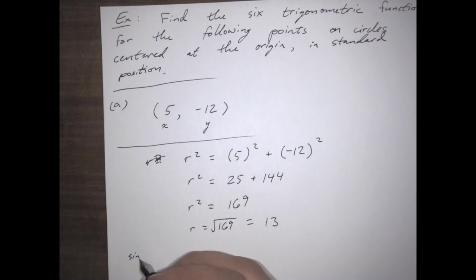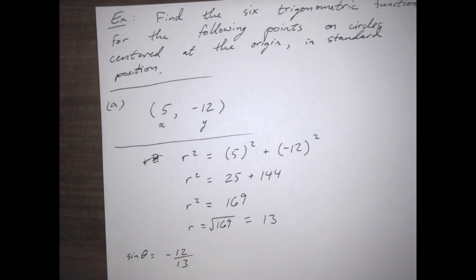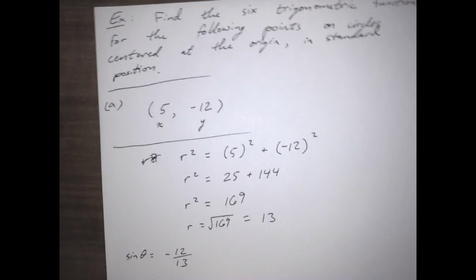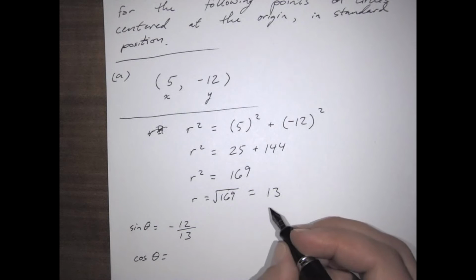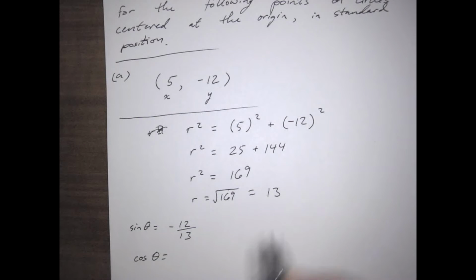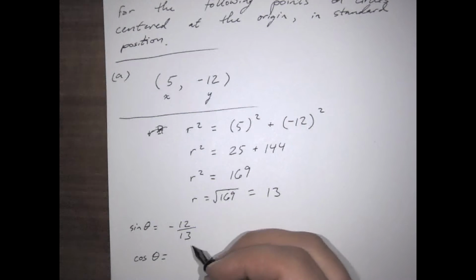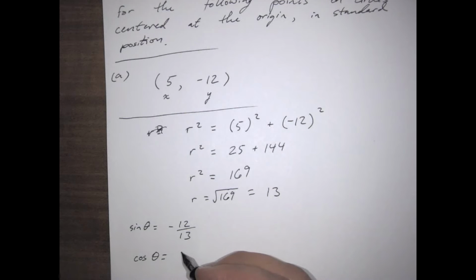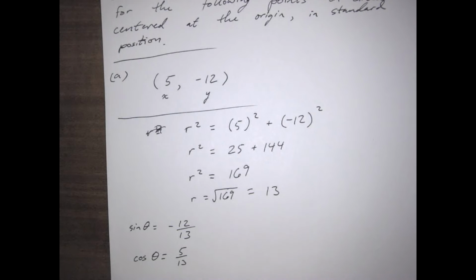So sine theta is y over r. Sorry, I think I said y over x just now, but I meant y over r. So that's going to be negative 12 over 13. Cosine is x over r, so 5 over 13.